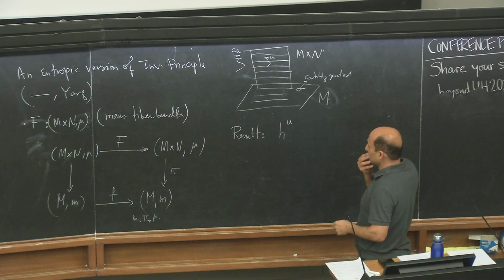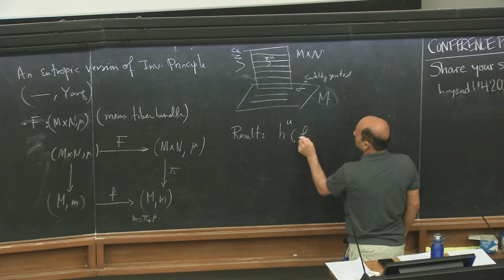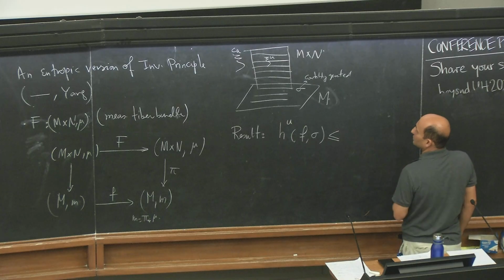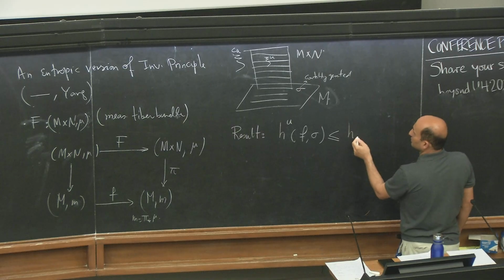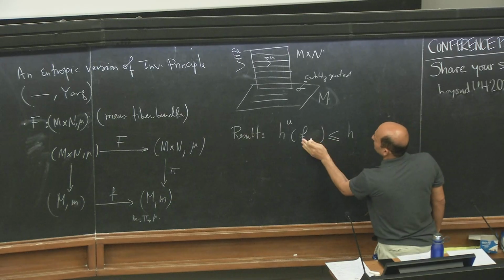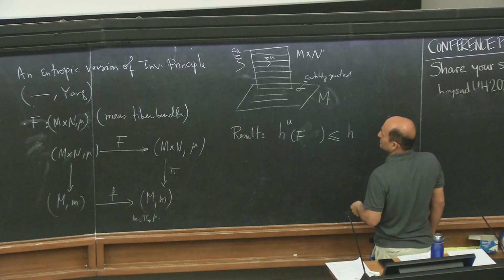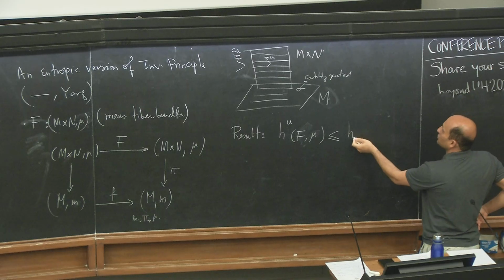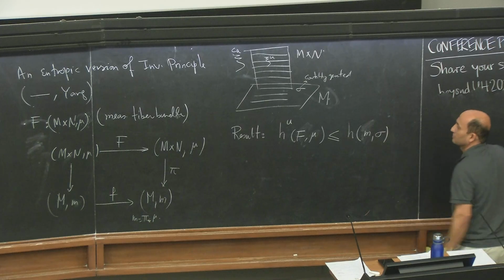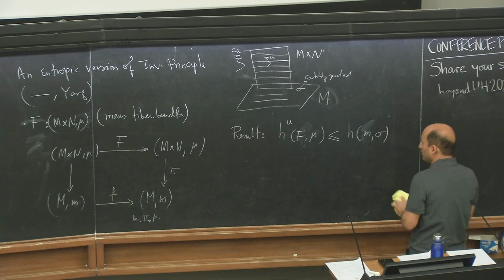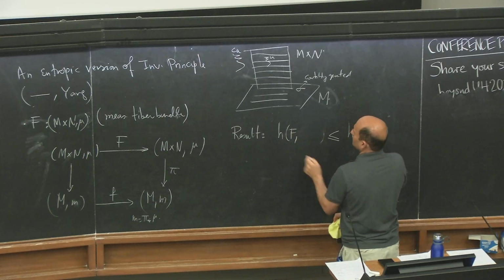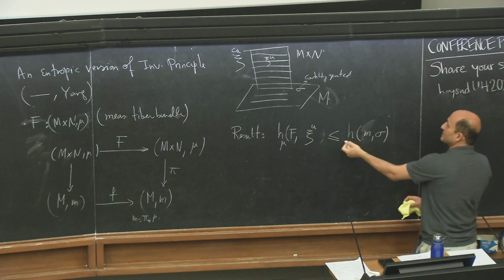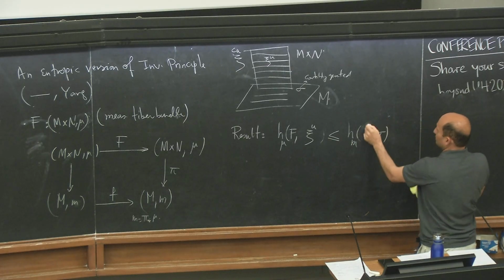So what we have is that H^u of F, the measure mu with respect to the partition psi U, is always less than or equal to the entropy of M with respect to F and sigma.